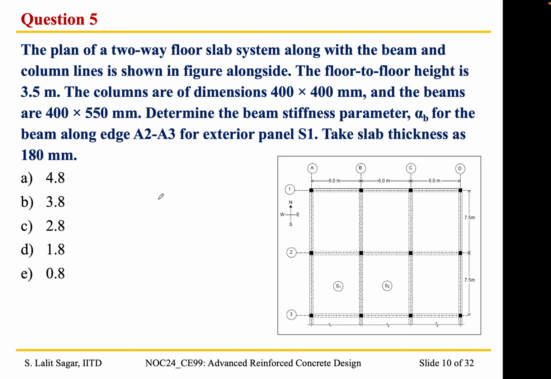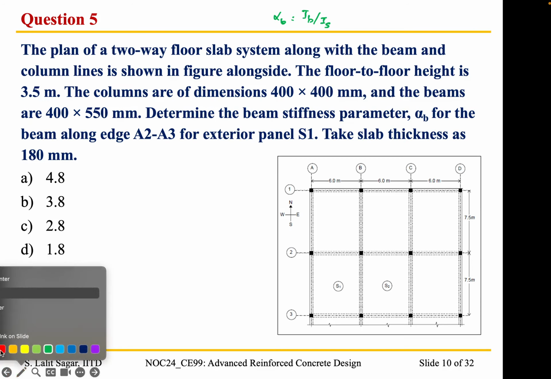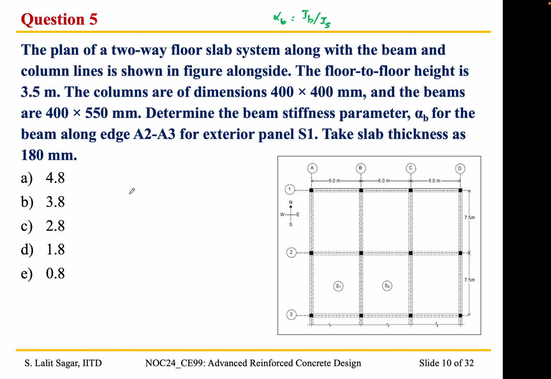This beam stiffness parameter, as you might remember from the lecture, alpha b, is nothing but the ratio of the moment of inertia of the beam to the slab. If you know the solution, please go ahead, or else we'll start solving the problem together.